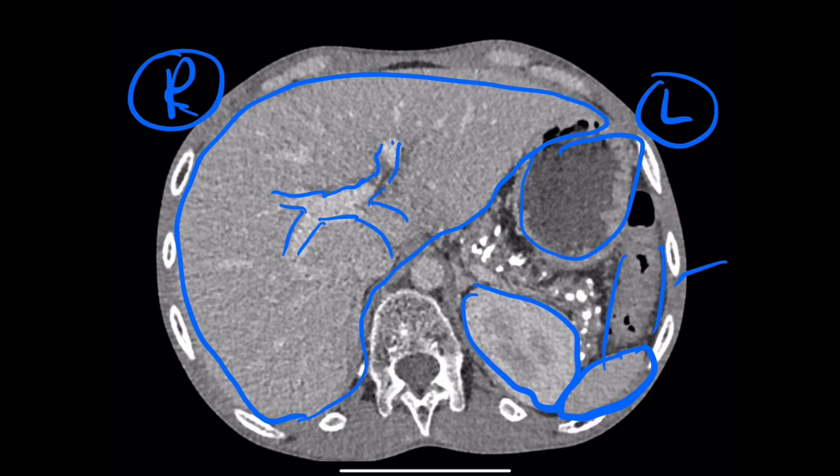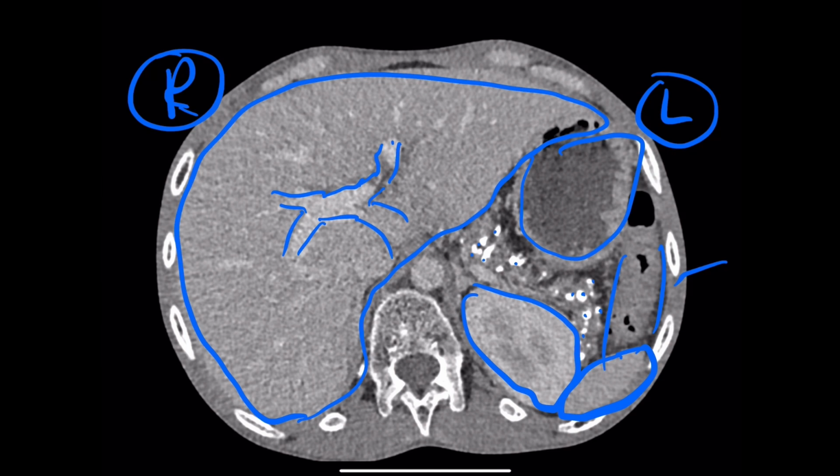Okay. So the only structure I haven't pointed out is the important bit. Important one, because unlike the other structures, you can see straight away there are bright white dots in it. And if you haven't guessed so far, this is the pancreas. We're not seeing the full pancreas on this one slice.